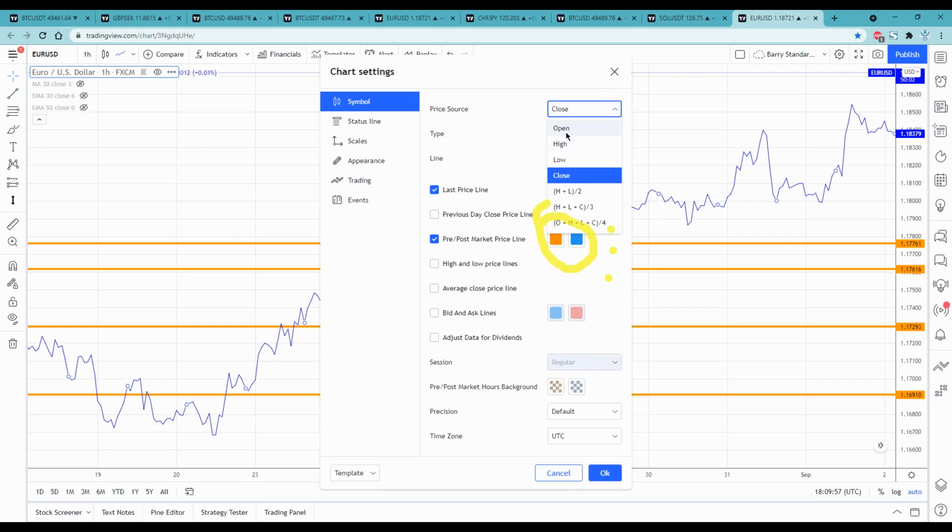Okay, gives us today the choice of open, high, low, close. We use high, low divided by 2. We can use the high, low, close divided by 3. We can use the open, the high, the low, and the close divided by 4. Well, it's all a bunch of malarkey. It's been the close, always been the close.